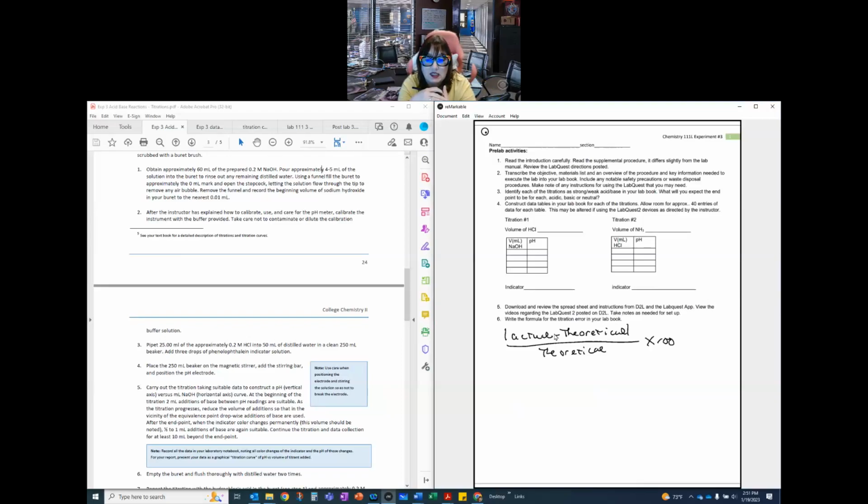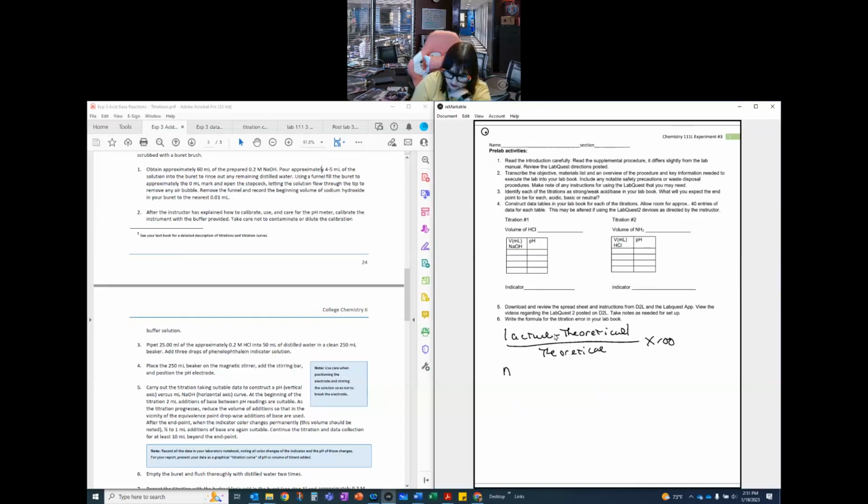So you're looking for a percentage that this is different, okay? And we always do it as the absolute value of actual minus theoretical because we just need to make sure that we know how different they are, not which direction. And we do it over the theoretical because we want to know what percentage of the theoretical this is.